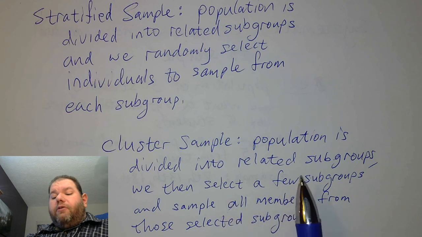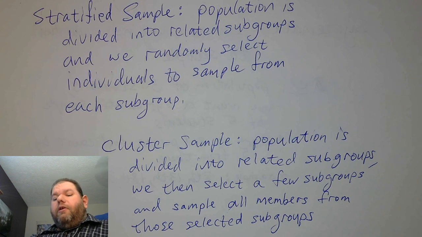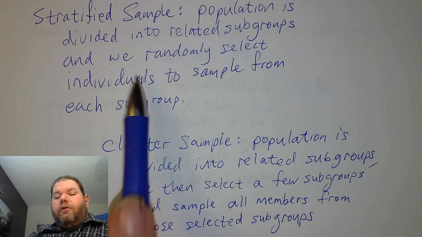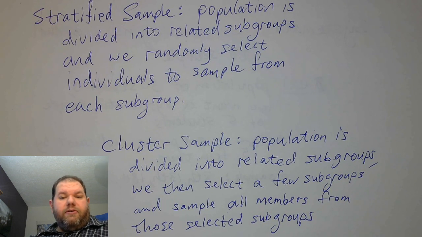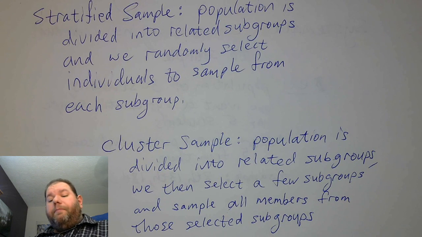Whereas with the cluster, we select a few subgroups and sample all members from those selected subgroups. So we'll only get a few from each group with stratified, whereas with the cluster, we get all members from just a couple groups. It may only be one group. It just depends on how large our population is and how large we would like our sample to be.